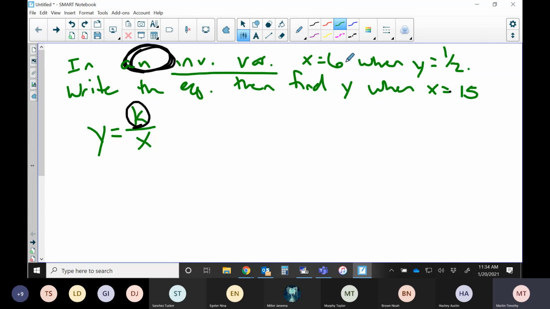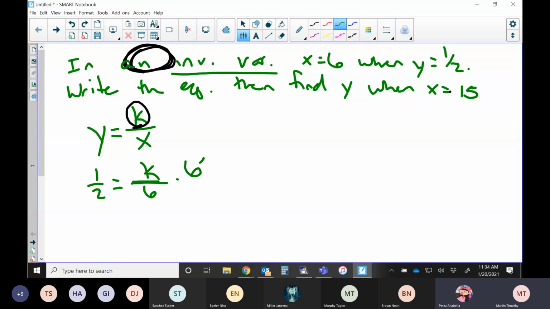Okay, so the purpose of me doing this is I'm putting in the 1/2. I'm putting in the 6. What's the only variable left, Noah? K. And then I can work backwards to solve for it. How do I undo dividing by 6, Annabella? Multiply.